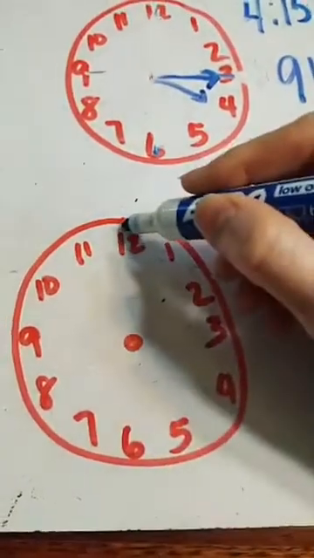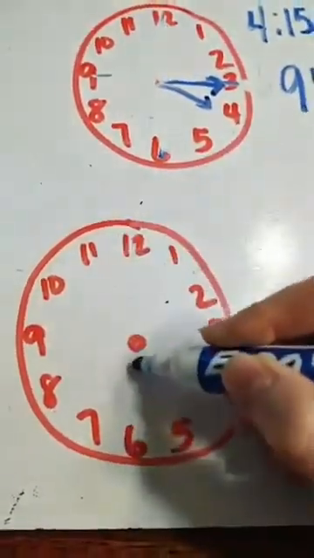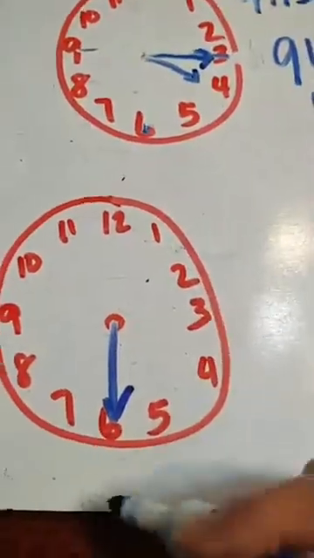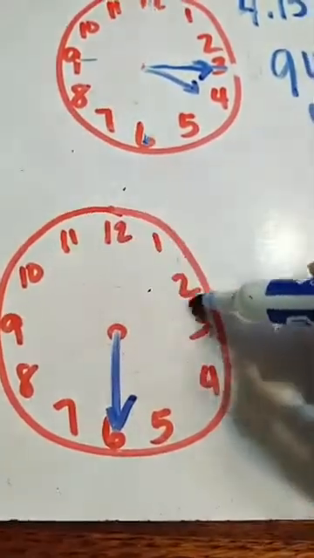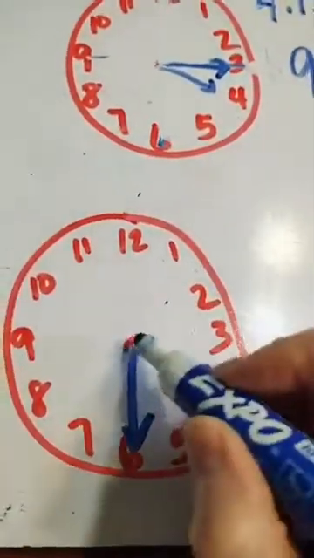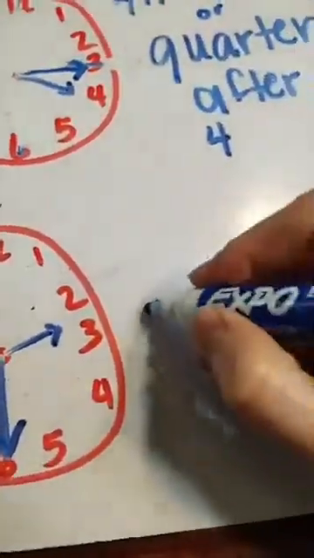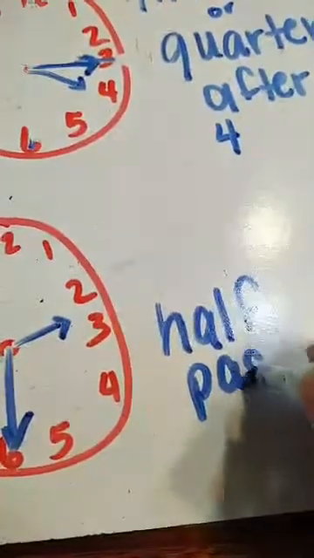Again, if we think of a line drawn through here for the half, then we would know our minutes are at the 6, right? Because half past would be halfway. If this is our beginning point, halfway is the 6. So half past looks like this. This is half past.